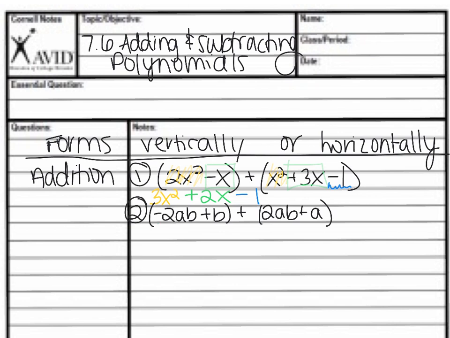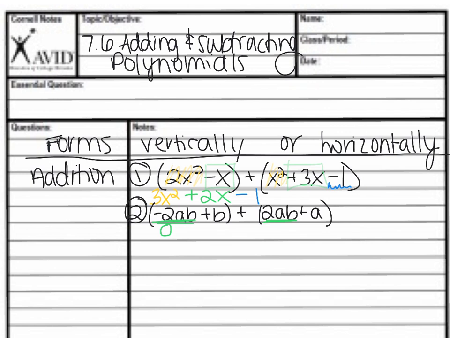I notice that negative 2ab and 2ab are like terms. So negative 2 plus 2 gives me 0. Should I write 0ab? What's 0 times a times b? It's just 0.